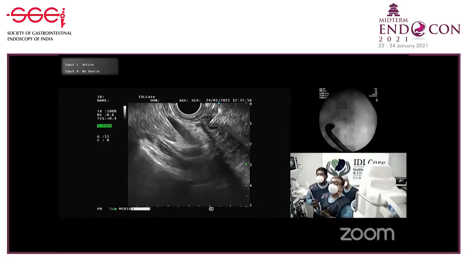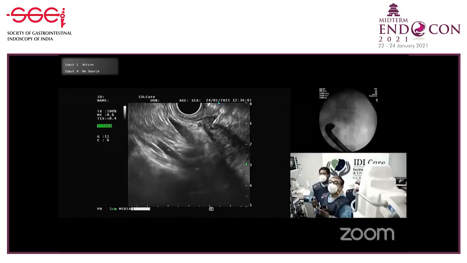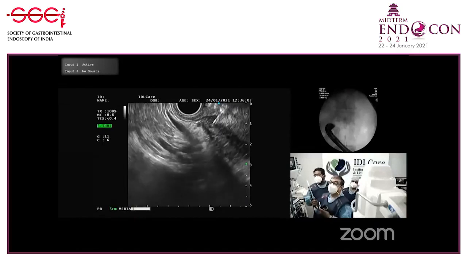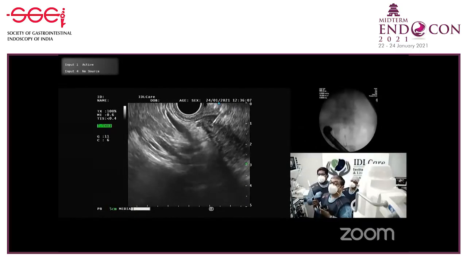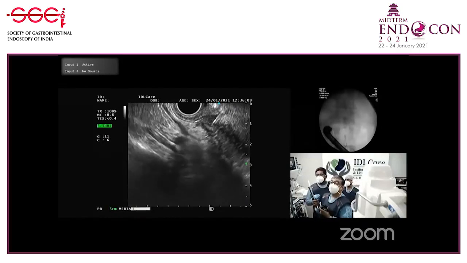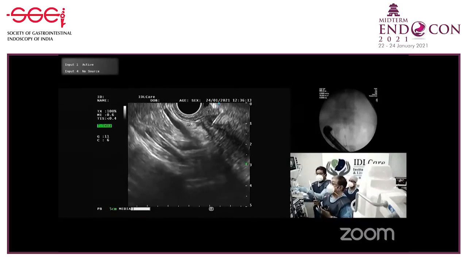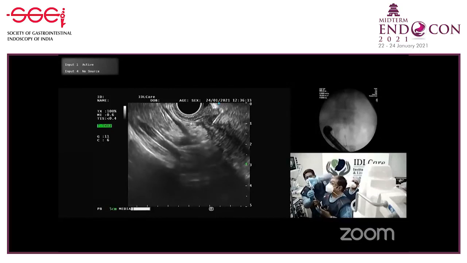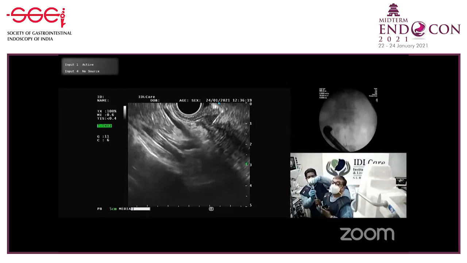I think I am in now. Yeah, don't inject. What I will try is to aspirate if there is a little bile in this and then pass a wire without injecting contrast. Aspirate. That makes my procedure safer.